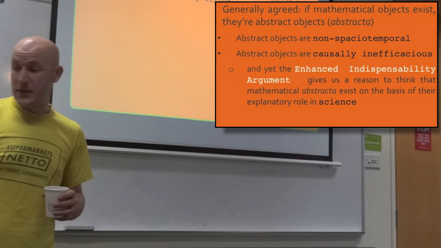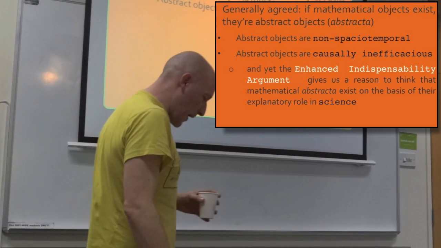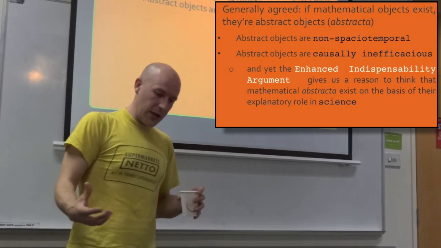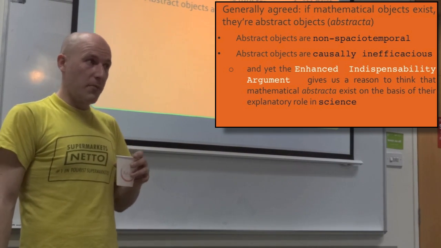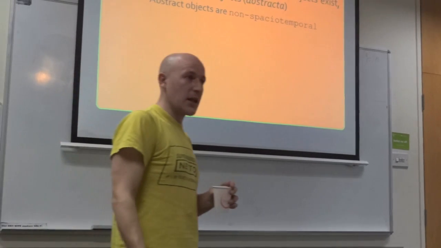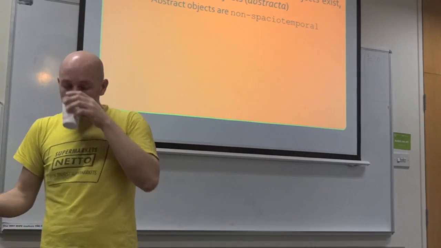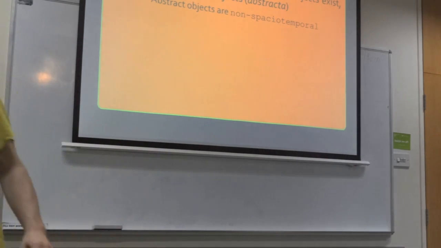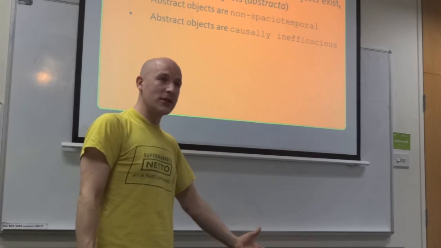They don't have the kind of properties that those things have. And in particular, the general consensus is if mathematical objects exist, or any abstract object exists, it's non-spatio-temporal. It doesn't exist, as it were, within space and time. It's not subject to change, it's causally inefficacious, so it doesn't bring about any changes.